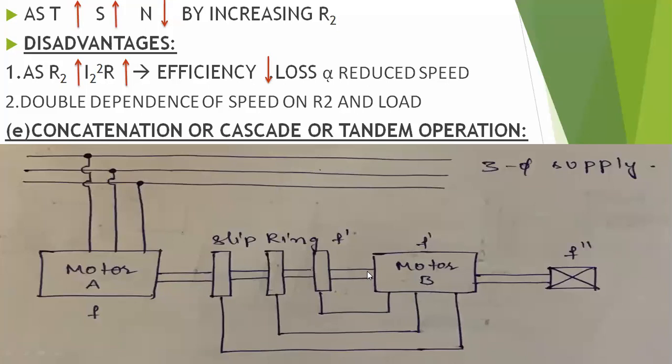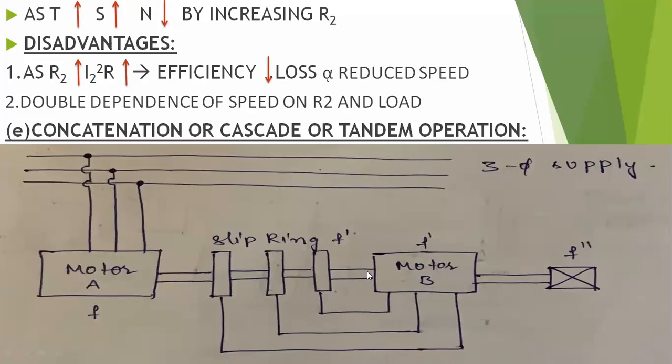When we keep them on the same shaft, both A and B will run at the same speed. Or if it is not possible to put them on the same shaft, we have to couple them together by gearings, such that we always see that the speeds of both motors are equal.